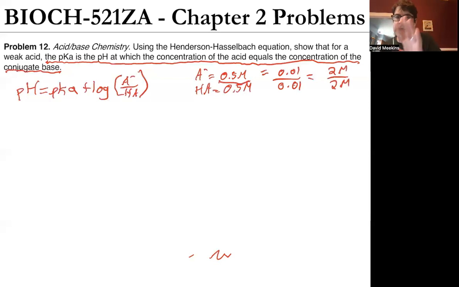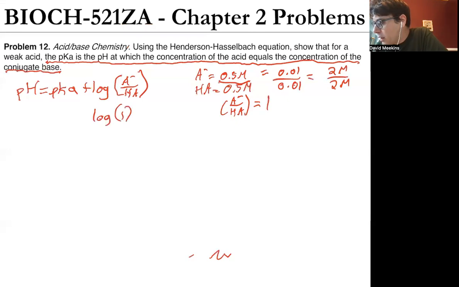It doesn't matter. As long as the concentrations of both are equal, the ratio of conjugate base to acid is going to equal 1. So what does that mean for our equation? Well, the log of 1 equals 0. So you can just take that out of the equation, and the pH is going to equal the pKa.